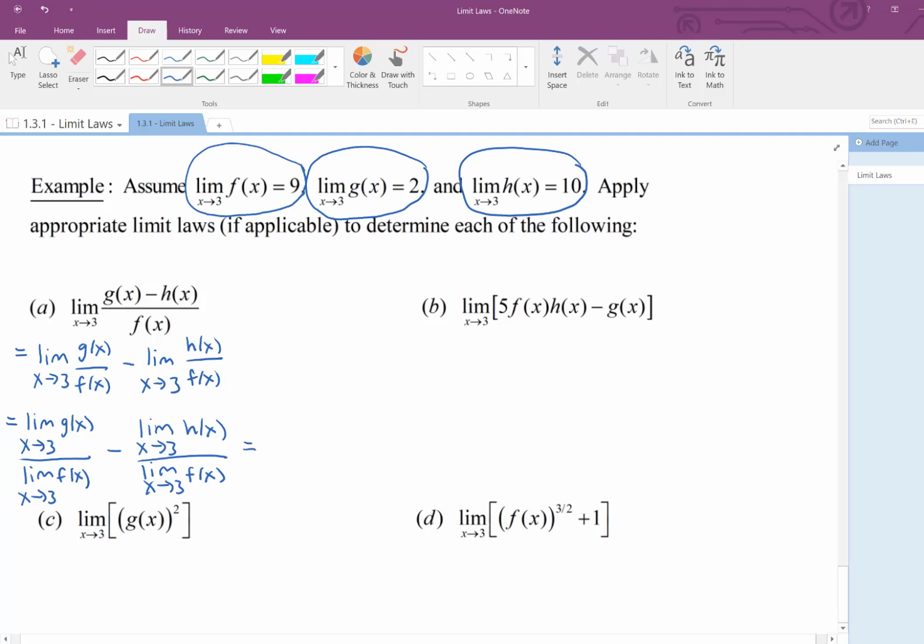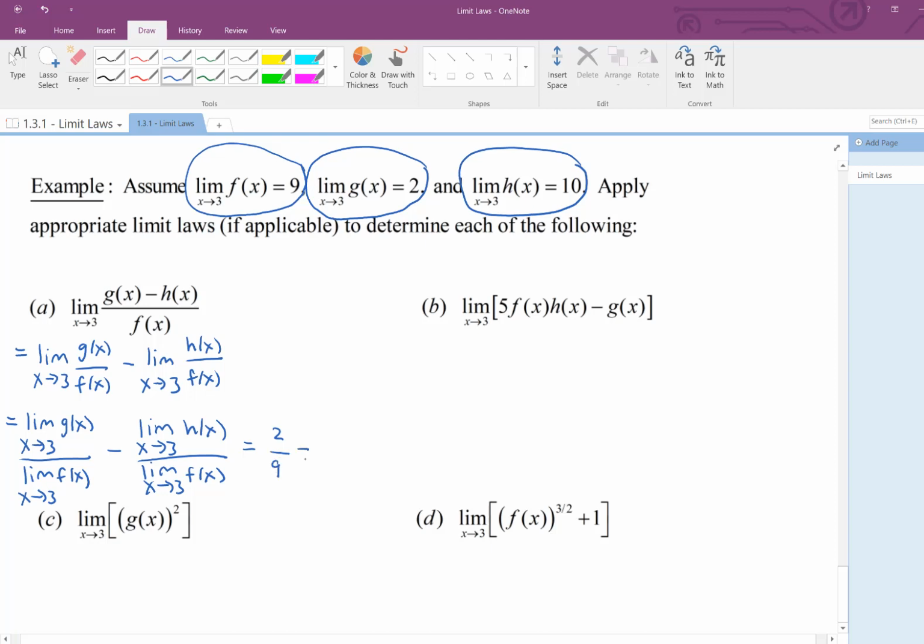And now I can just go ahead and replace each of these limits individually by their numerical values as assumed in the example. So limit as x goes to 3 of g of x is 2. Limit as x goes to 3 of f of x, 9.